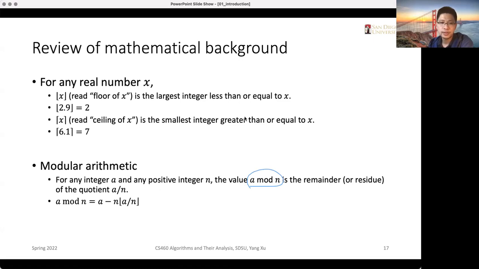So it's basically a minus n times the quotient, which is the floor of the floating-point number a divided by n.